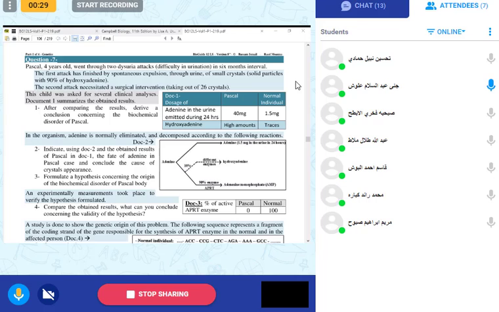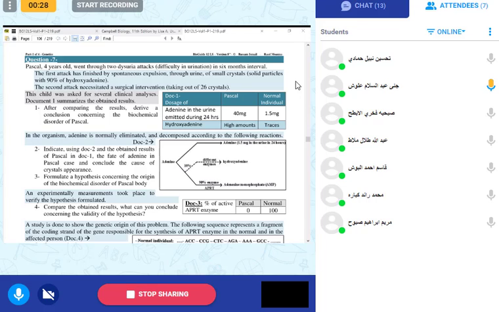This is one. What about hydroxyadenine? It's a high amount in Pascal, while in a normal individual, traces. Now, Jana, comparing the results, derive a conclusion concerning the biochemical disorder of Pascal. Give me first the comparison.